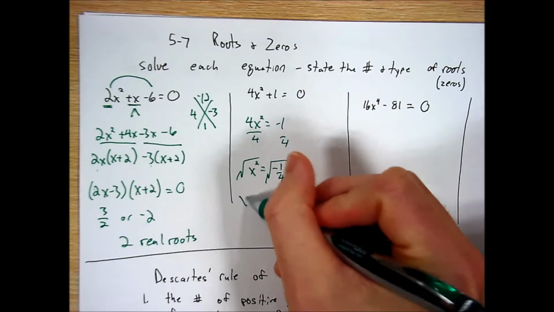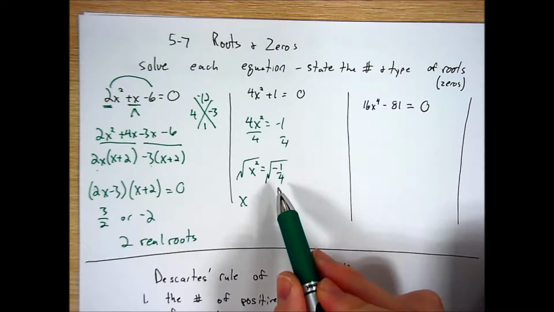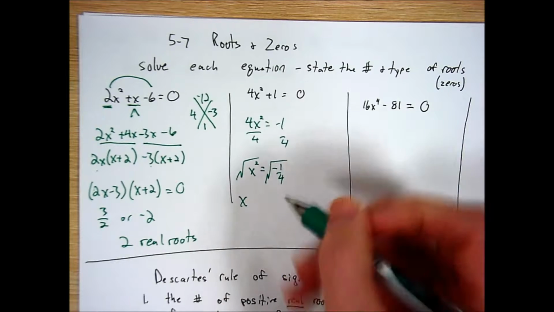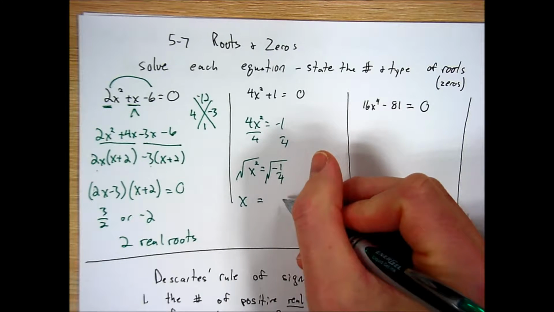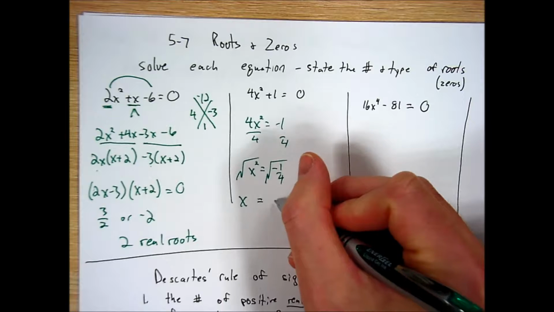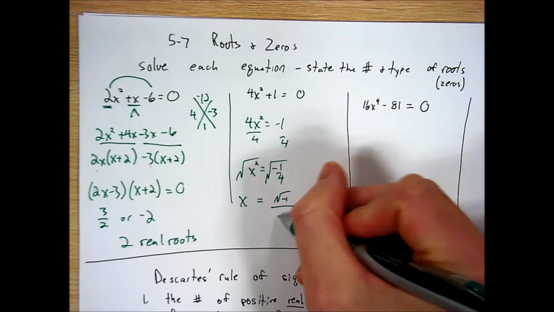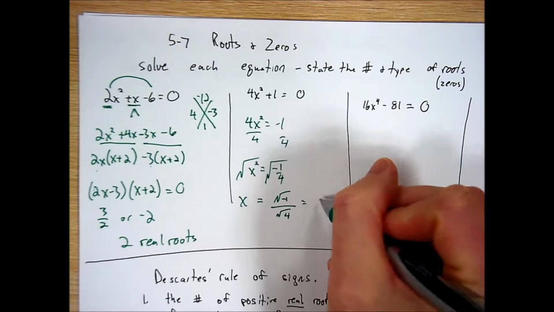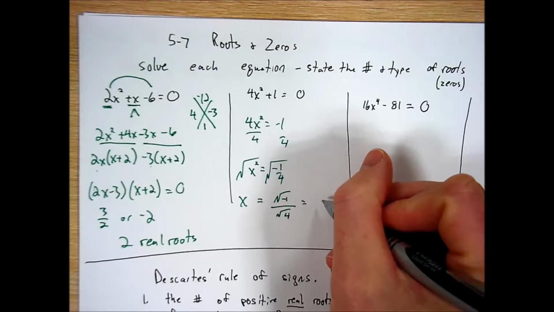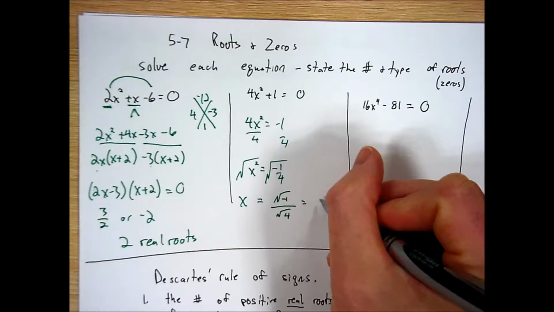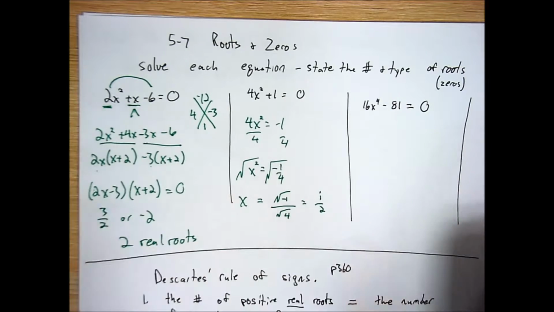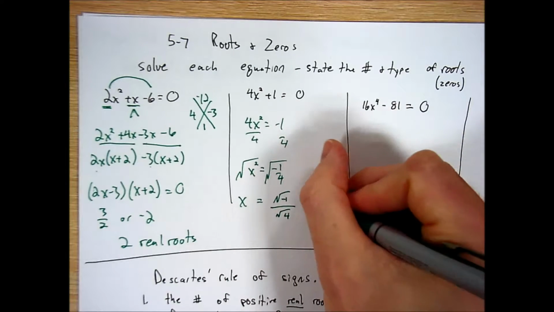Now, square root of a negative, it's a negative 1/4, square root of a negative, that's going to be i. We can break this up into 2 here. We can go square root of negative 1 over the square root of 4. So we're going to have i over 2. And this is going to be plus minus.